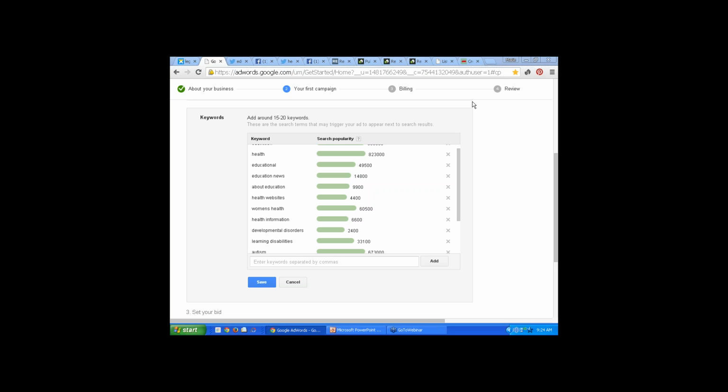You can see here in Google, there are a lot of people searching this. So in terms of popularity, this tool shows that education and health is something that people search for. Almost 1 million people, 500,000 people towards education, almost 1 million people towards health.